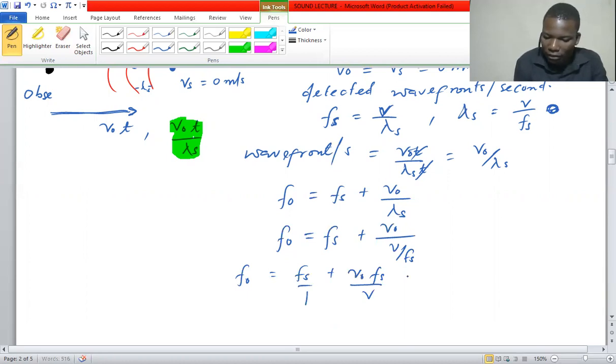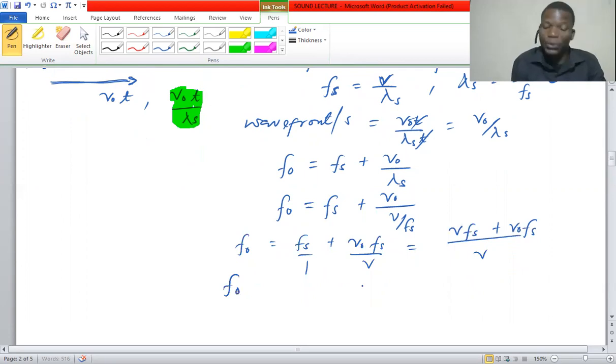Okay, so we can simplify this where we have v fs plus v naught fs over v, and then we can factor out.